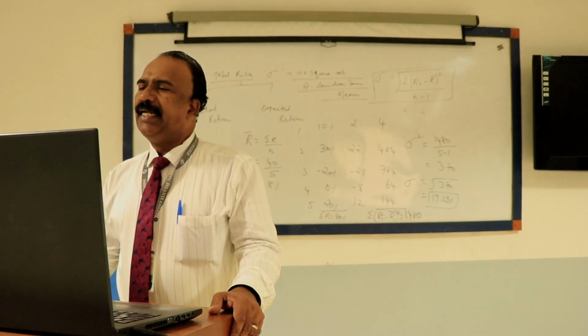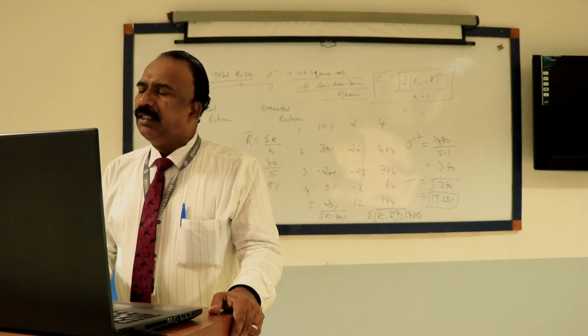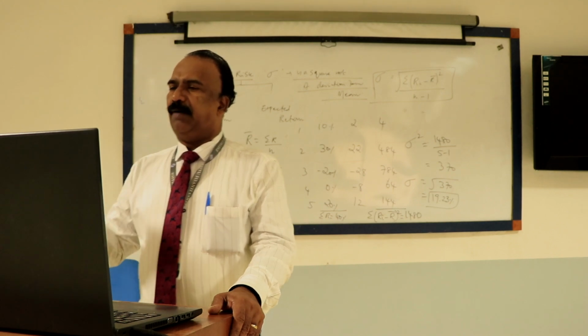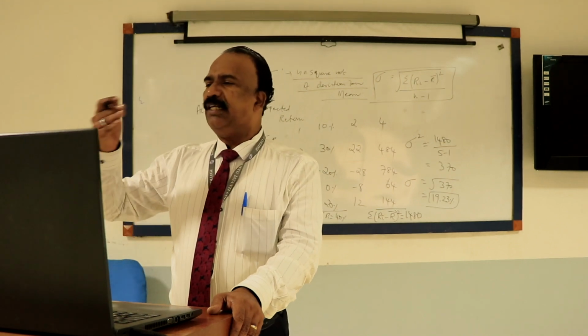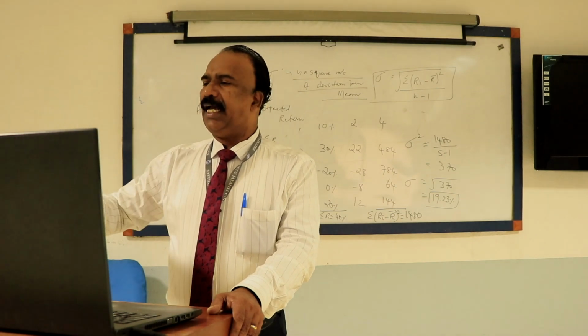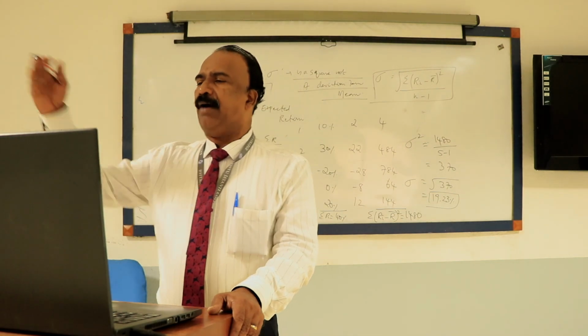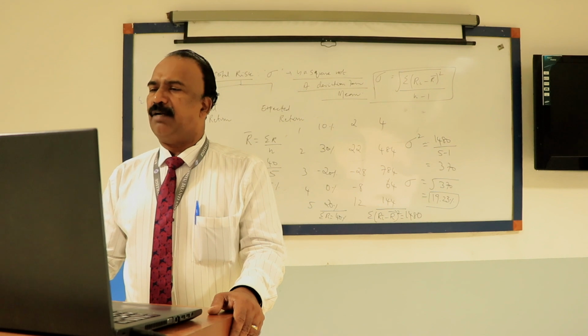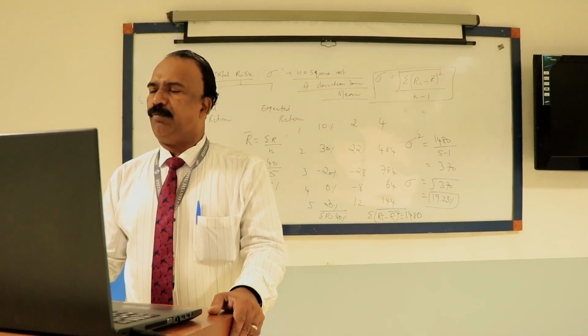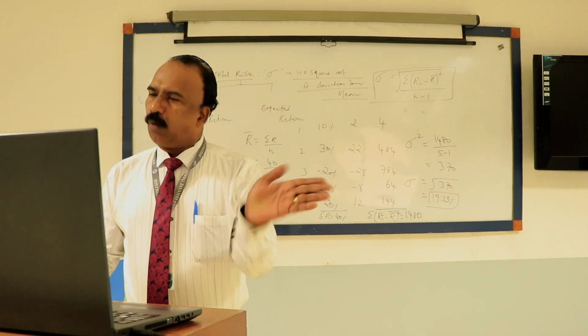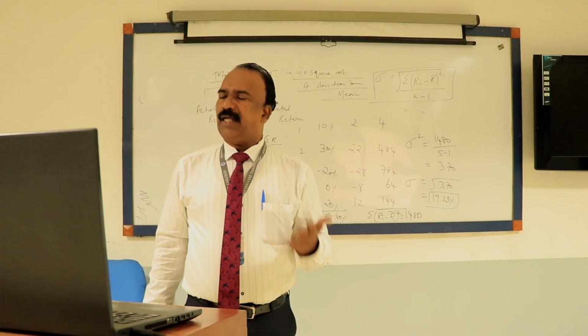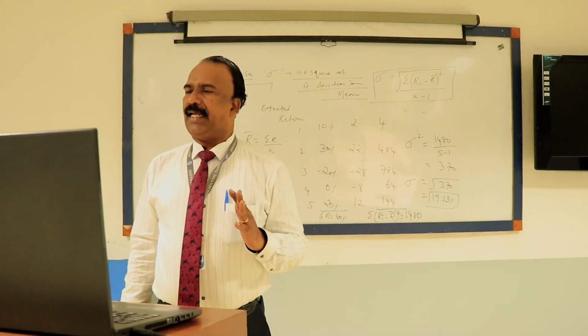Second step, compute the deviation from mean. Compute the difference from mean. So how do we get that? Ri minus R bar. Third step, square the deviations, to remove the minus sign.